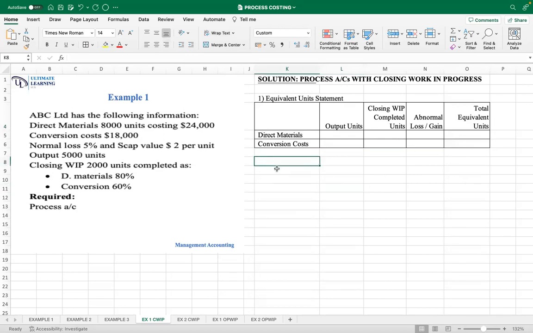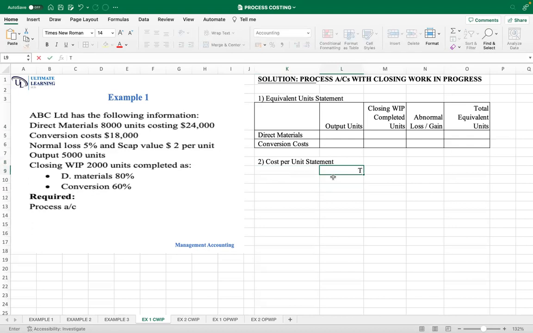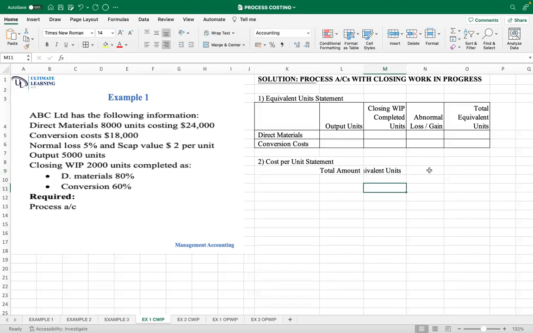Number two, you need to calculate the cost per unit. In our cost per unit statement, we have said you have your total amount, then your total equivalent units, and then your cost per unit.